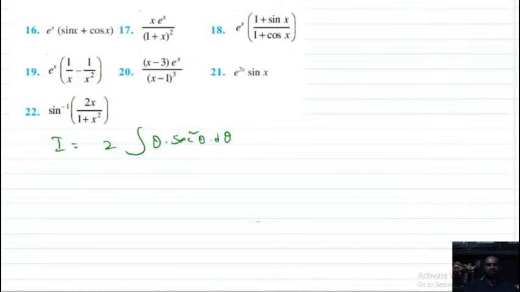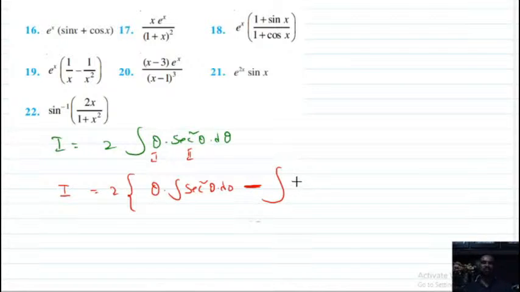Now I want to use integration by parts. I take this as the second function and this as the first function. So I equals 2 times theta into the integral of secant square theta d theta, minus the integration of theta's differentiation, which is 1, and secant square theta's integration, which is tan theta, into d theta.